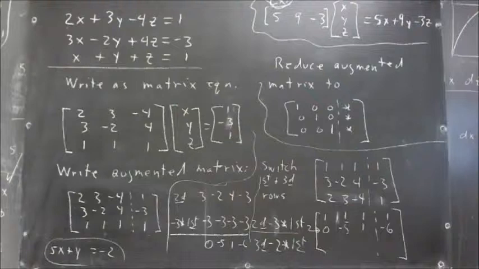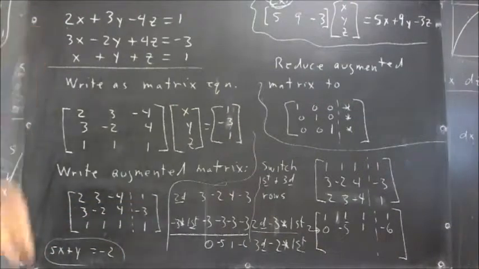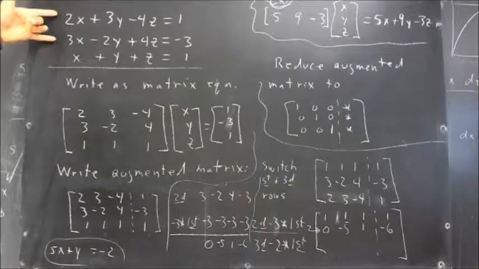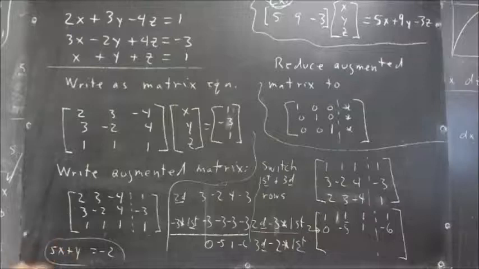You need to understand that each row represents an equation, and if we do to the two rows what we would do to the two equations, we're going to get something valid.